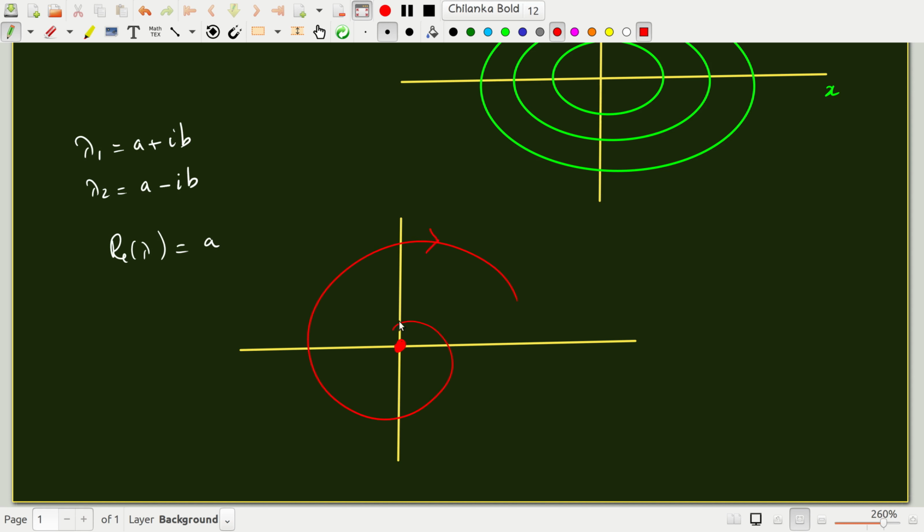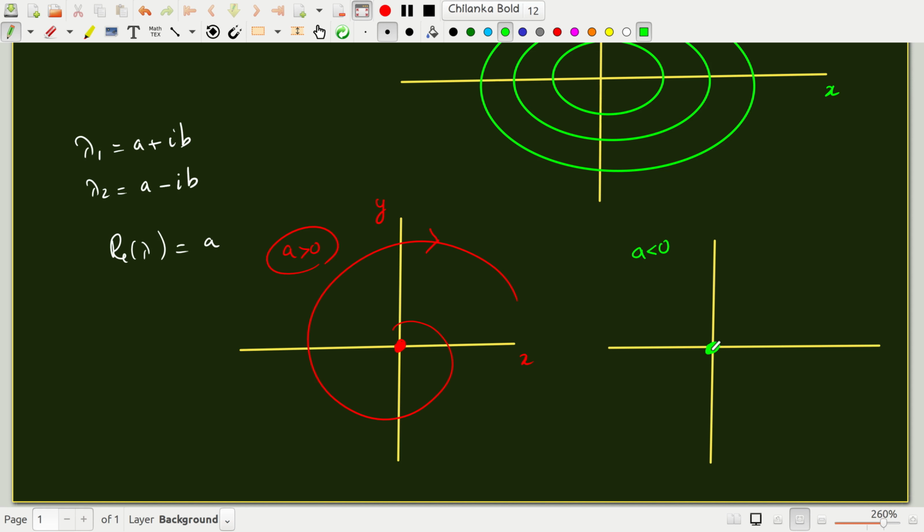Any point that you start out with is going to spiral out, whereas if you have a negative real part, this is again x y. Here a is greater than 0, and now this is a less than 0.